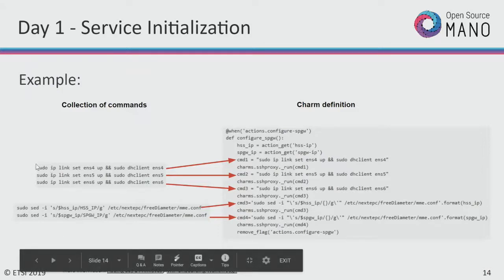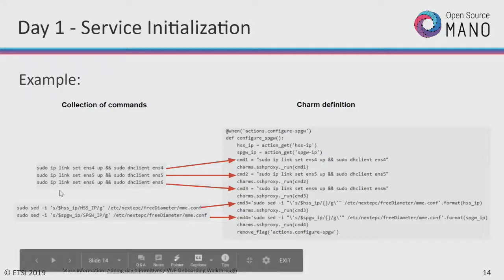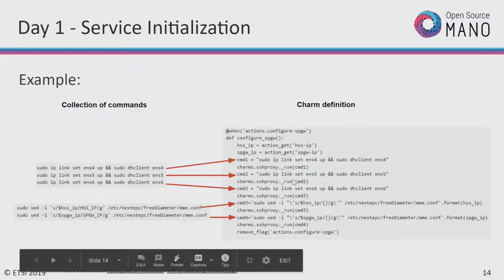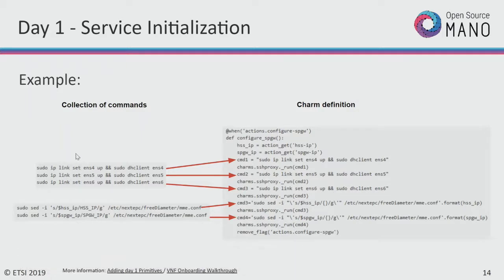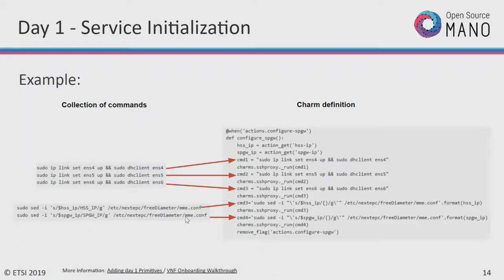For instance, here you have the command that we want to execute, and then inside the command we introduce it in the charm definition. This is created in the charm, but really we have to execute this command. In this case, add the interfaces and enter an IP in the configuration. Okay.